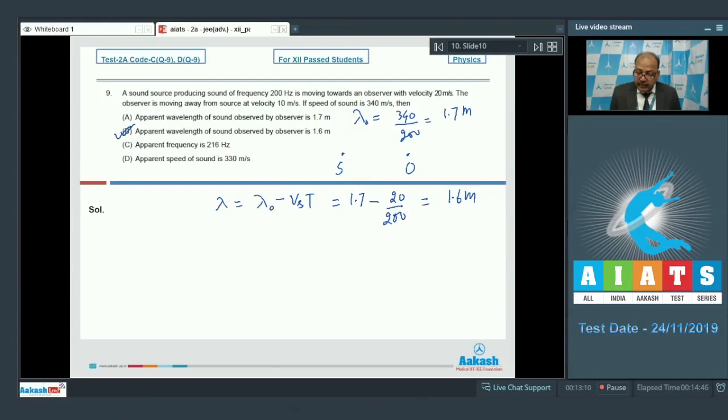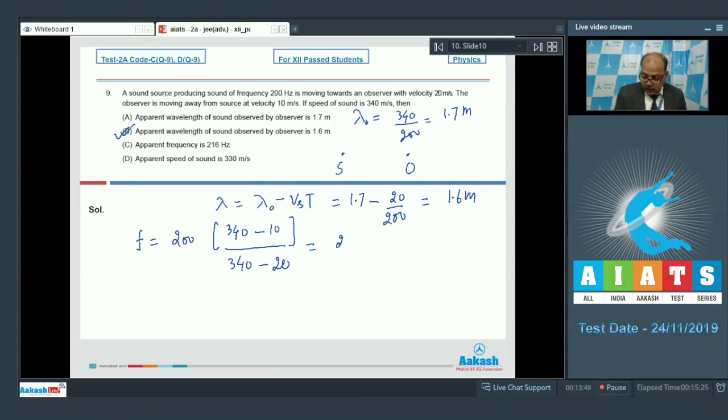What about the apparent frequency to the observer now? We can use the standard formula. The frequency observed is equal to f naught, which is 200 Hz, into V, which is 340, observer is moving away from the source, so we put here minus 10, and in the denominator we have 340 minus 20.